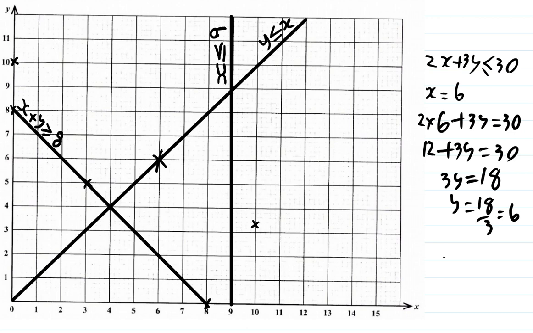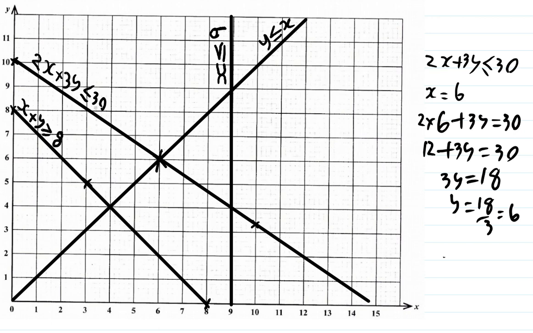So the line that we have goes from here through there to here. Nice. So this was 2x plus 3y less than or equal to 30.